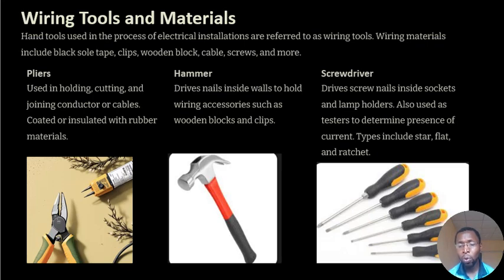So this screw helps in holding a lamp holder. Sometimes we use the screwdriver as a tester, if designed that way, to determine the presence of current flowing through the circuit. We have different types of screwdriver: the star screwdriver, the flat screwdriver, and the ratchet.